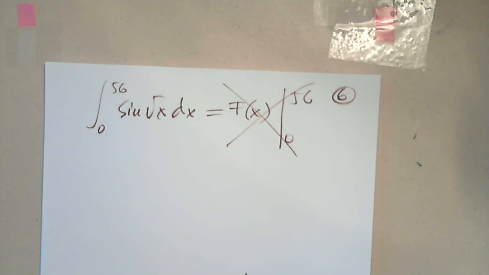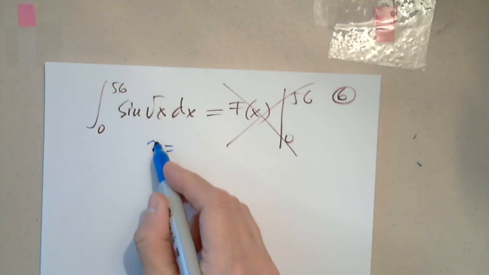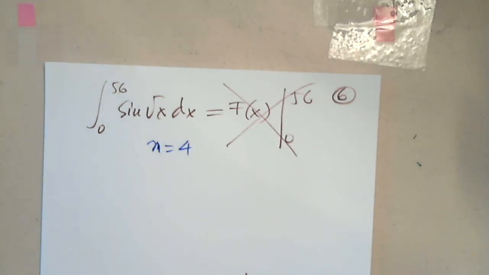We cannot find a function whose derivative is sine the square root of x. So we can only approximate, and they are telling us to approximate with 4 subintervals. Is this something that you would like to look at, or you prefer something else? Yeah, sure. This looks good.